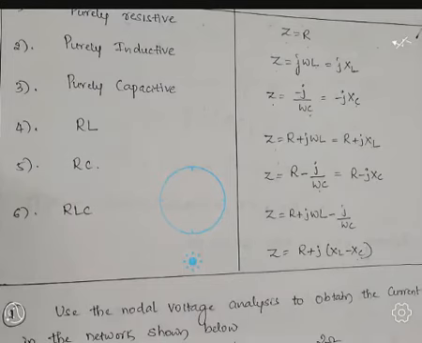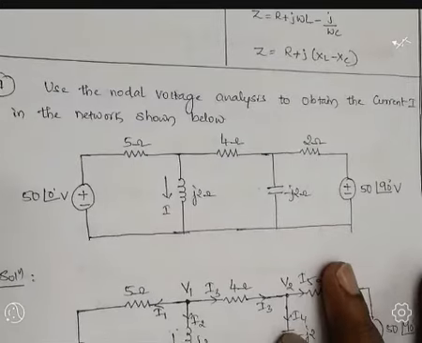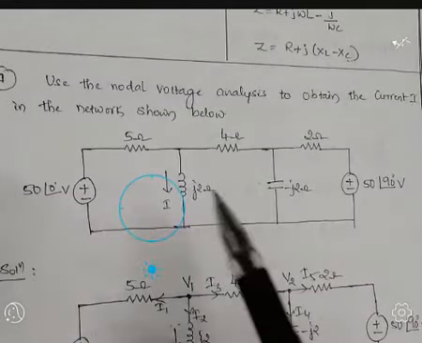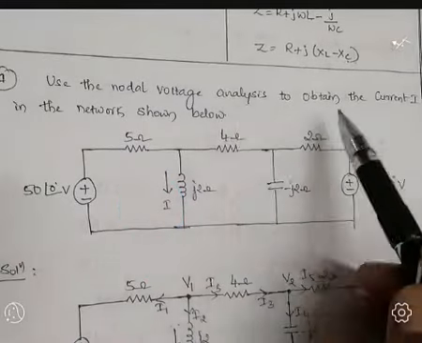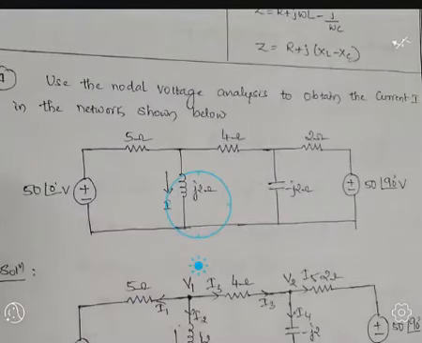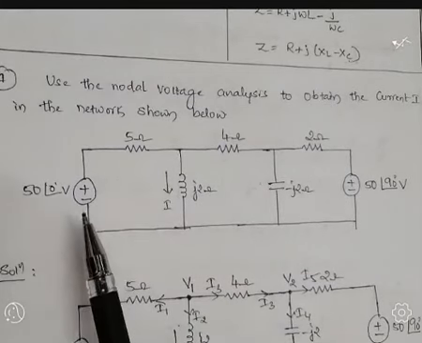Next we'll take nodal analysis for AC circuits with an example. So see this example. Use the nodal voltage analysis to obtain the current I in the network shown below. The network is given here. This network has two sources.